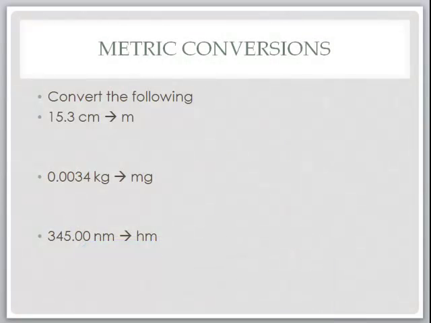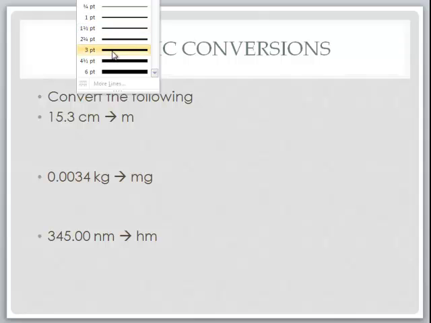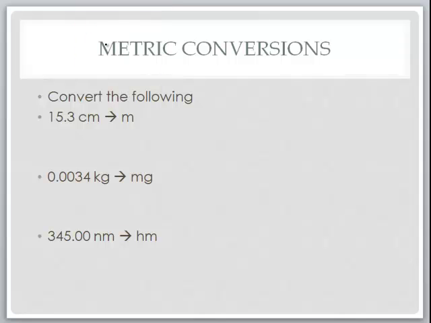Alright, what we want to talk about now is converting units in the metric system. What we want to be able to do is convert from centimeters to meters easily. Hopefully at some point in your school you should have learned the phrase King Henry died unfortunately drinking chocolate milk. What this stands for are the prefixes kilo, hecto, deca, the base unit, deci, centi, and milli.